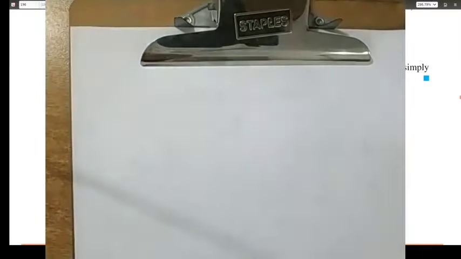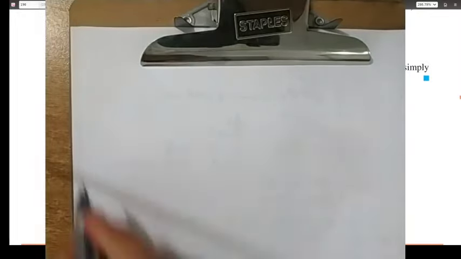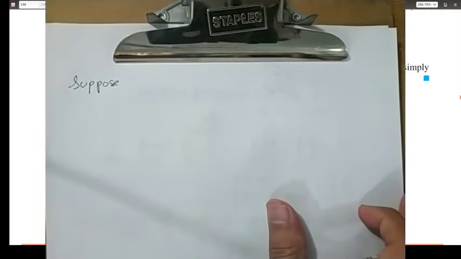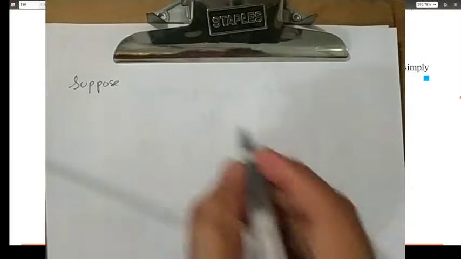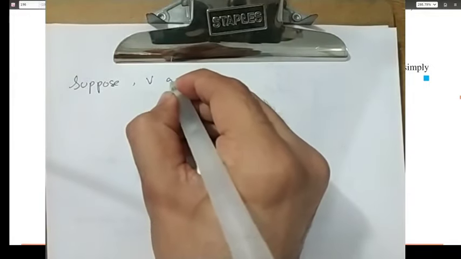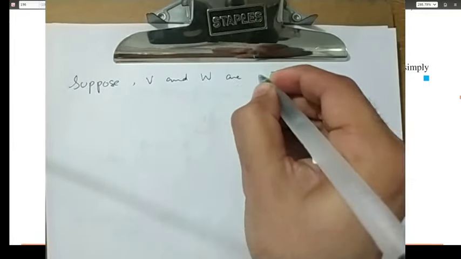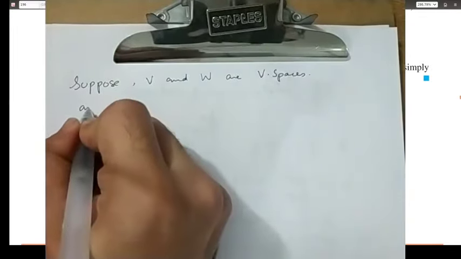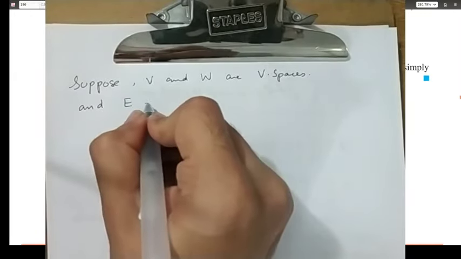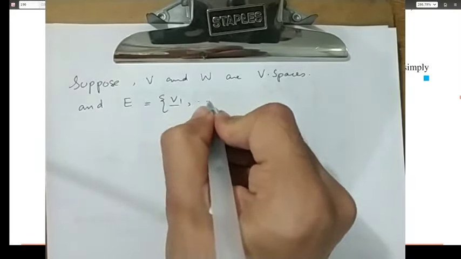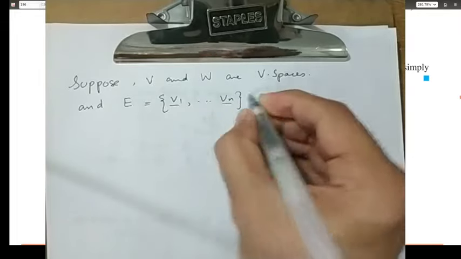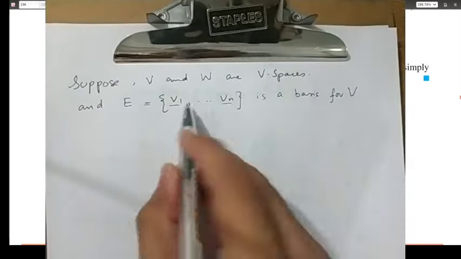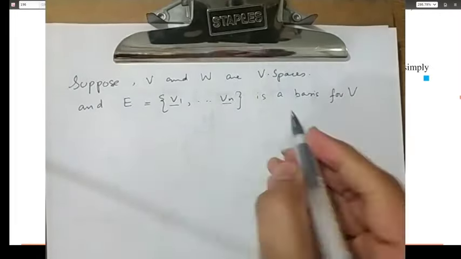Let's suppose we have the following condition. Suppose V and W are vector spaces, and E equals v1 to vn is a basis for V, which basically means V is n-dimensional.